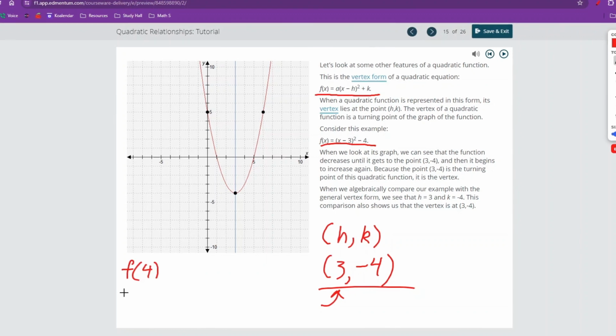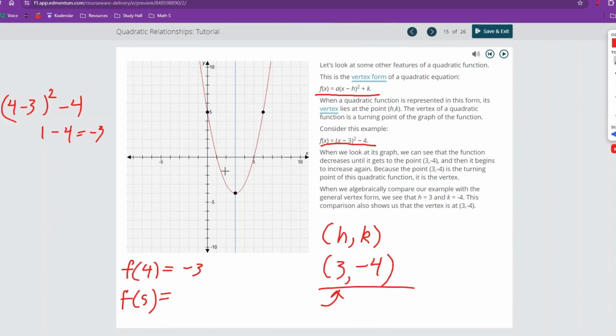So that's going to be 4 and 5, and that should give us a good idea of what our graph is going to look like. So let's plug that in. That's going to be 4 minus 3 squared minus 4, which is 1 squared is 1, 1 minus 4 is going to be equal to negative 3. So f of 4 is going to be negative 3.